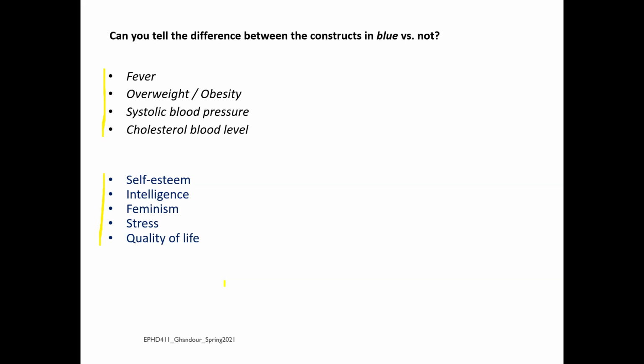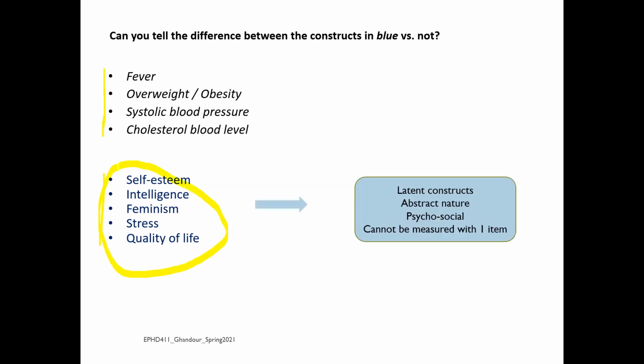I cannot just ask, do you have low or high self-esteem, and the person would say yes or no. I cannot measure it by one item. So these constructs, as you said, are abstract. We call them latent constructs, and they cannot be measured with one item. And this is why we use what we call scales, which are basically a package of several items to be able to measure these abstract constructs.